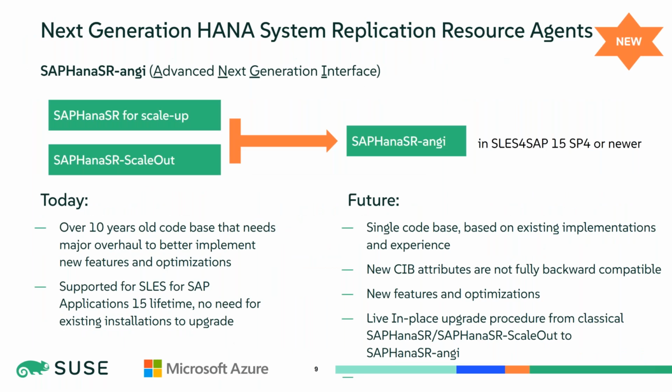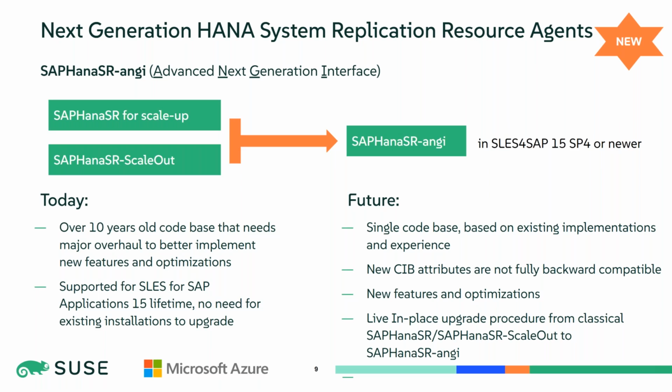Yeah, thanks, Dennis. As Dennis mentioned, the SAP HANA resource agent with the code name NG. If you are not familiar with this new solution, I'd like to provide some context. This is a new resource agent based on the past over 10 years of work. SUSE started working on the HANA HA solution by working with SAP.